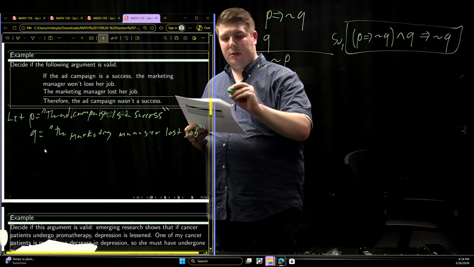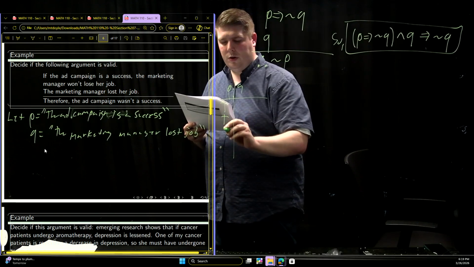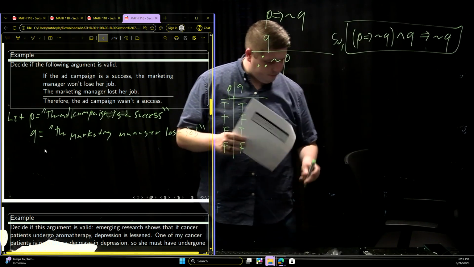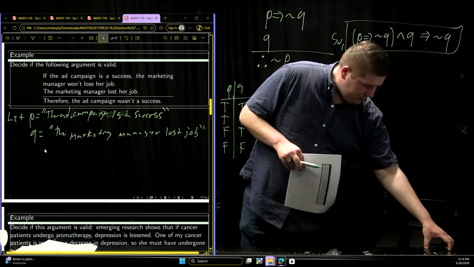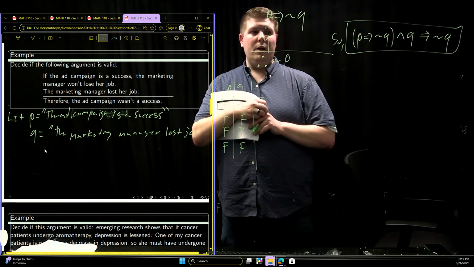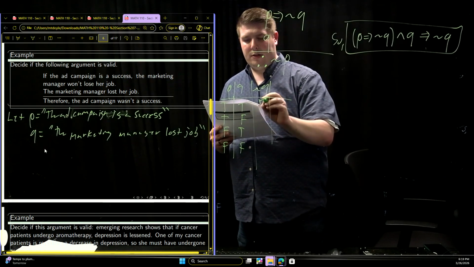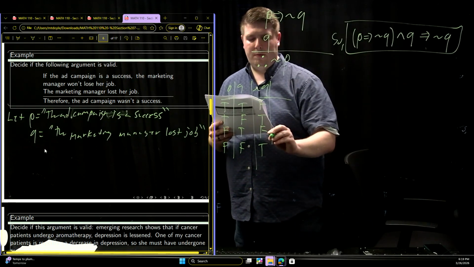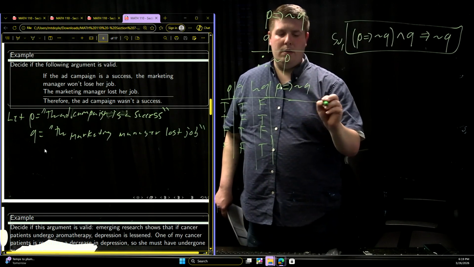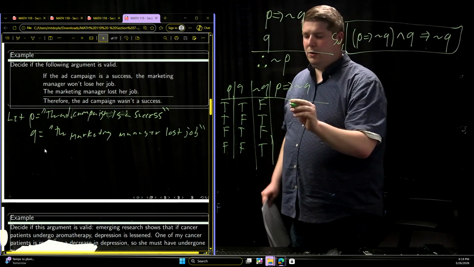So let's do it. So we need P, Q: true, true, false, false, true, false, true, false. Okay. So what do we need? Well, we need a not Q. So that's false, true, false, true. Then we need P implies not Q. True implies false is false.